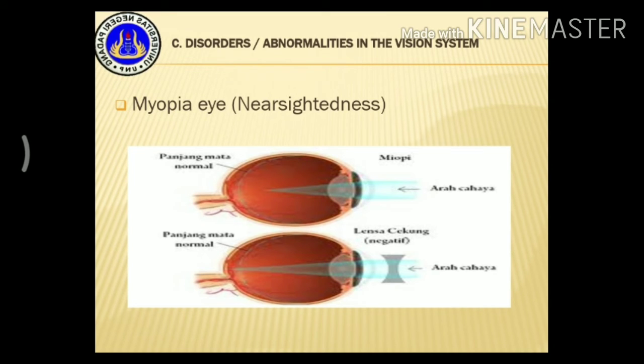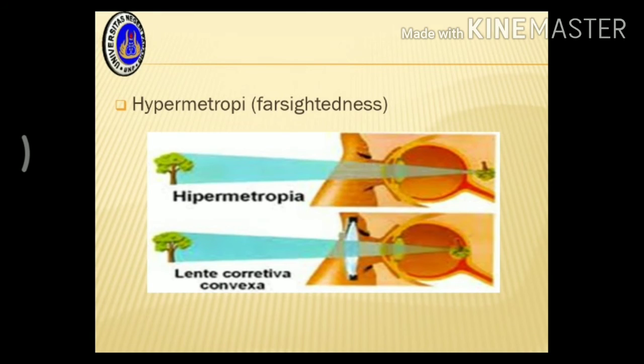First, myopia, an eye that is able to see only at a close distance. This type of eye disorder is corrected with concave lenses. Next, hypermetropia. Hypermetropia is an eye with a flattened lens that is able to see only at a far distance. This type of eye disorder is corrected with convex lenses.